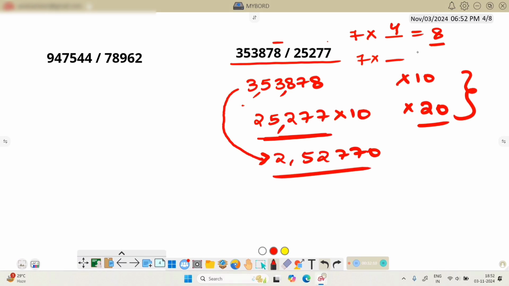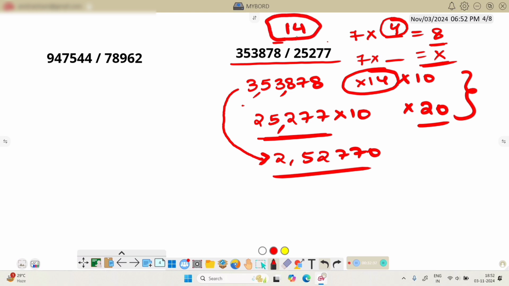And no other number gives the unit digit 8. Only with 4, if you multiply with 7, the unit digit 8 will come. So definitely your answer should be a multiple of 4. That means your answer should be 14, definitely. Okay. So here the answer is 14.